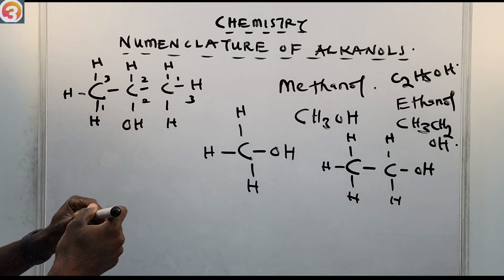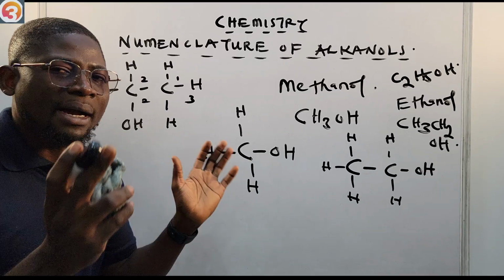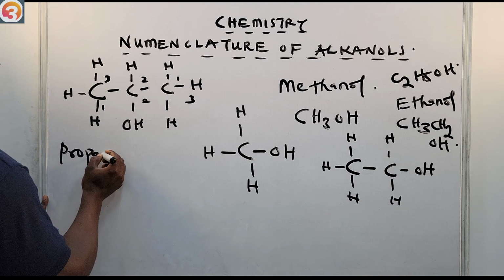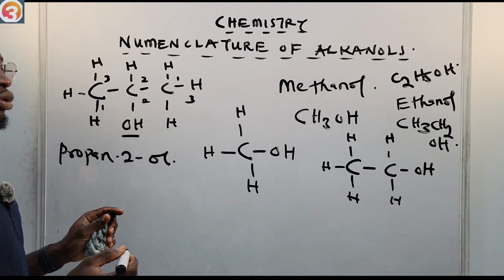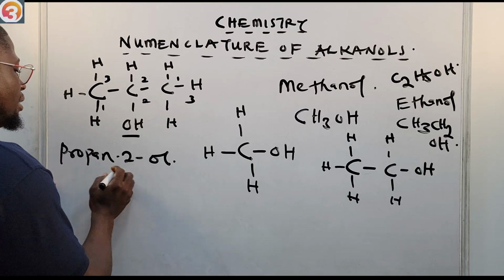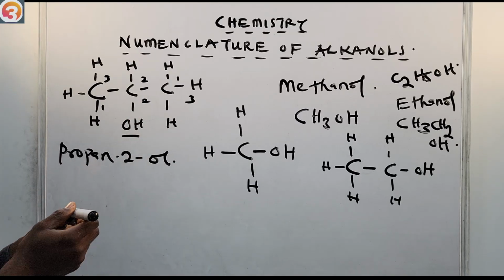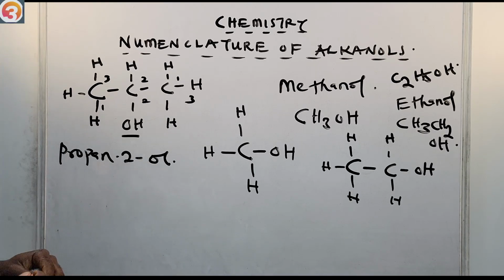So the question of taking the shortest distance will not come into play, no matter how we number it. That is why this will be called propan-2-ol, because of the OH. So you call this propan, the position of the functional group is 2, and then ol. This ol here shows that it's an alkanol.